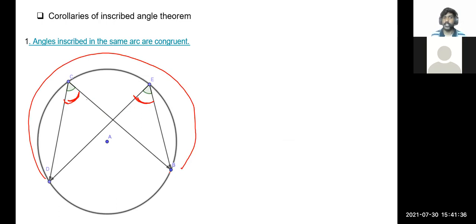So whenever any two angles are inscribed in the same arc, they will be congruent to each other. So here you can say that angle DEB is congruent to angle DCB. First corollary, is it clear?